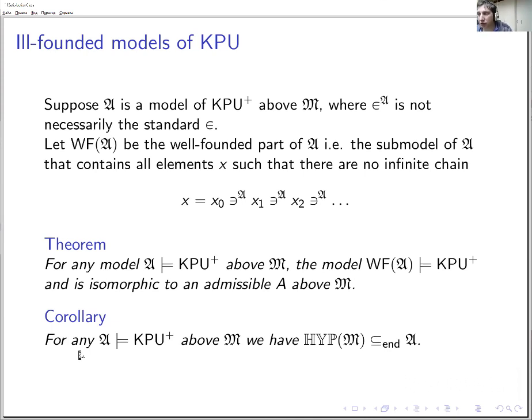And thus, of course, there are non-standard models where the membership predicate is not necessarily well-founded. However, for any given model, we could consider the well-founded part of this model, that is, the set of all elements from which there is no infinite descending chain. And now the theorem is that for ill-founded models of KPU, the well-founded part of the model is always a model of KPU plus.